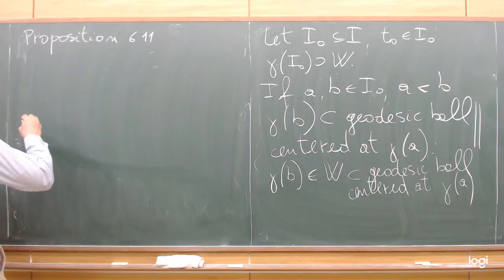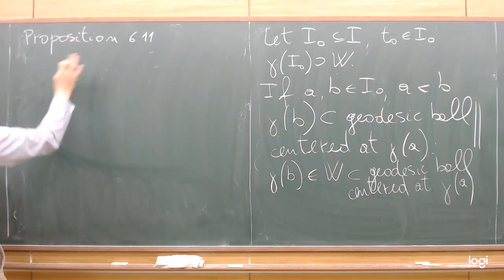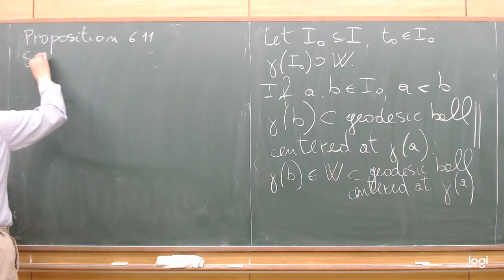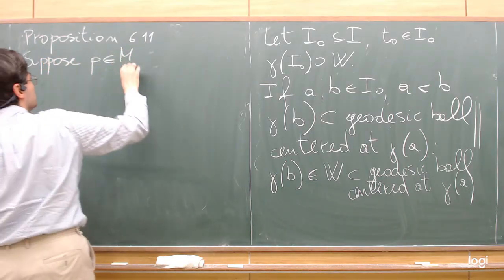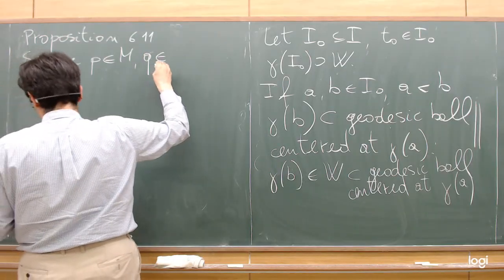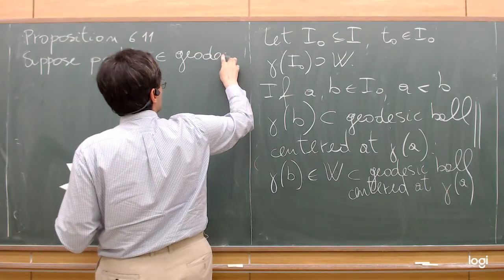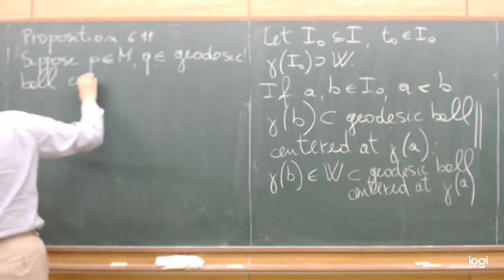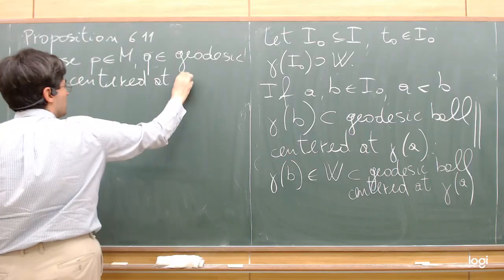I recall the proposition. Suppose P in M, Riemannian manifold, and Q belongs to a geodesic ball centered at P.